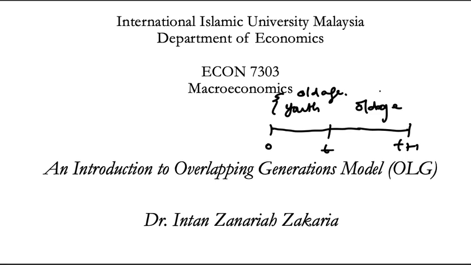When we are old, there will be some people who are young. So we have youth here. That's why we can see two generations overlapped, and it happens in the same period of time. That's why it is called the overlapping generations model, or usually called OLG.